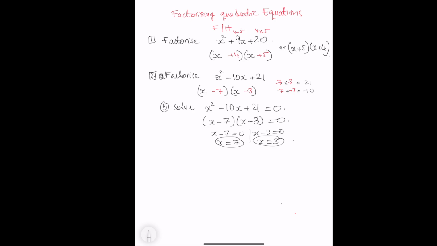And I think we still have to do one or two more examples with more negative numbers. So let's say factorize x squared minus 2x minus 15.